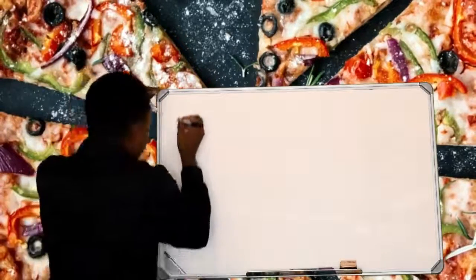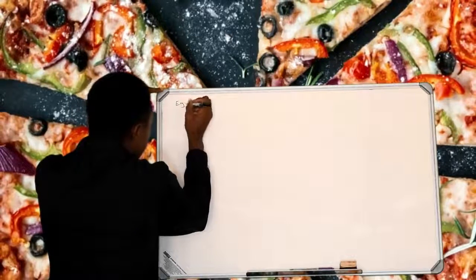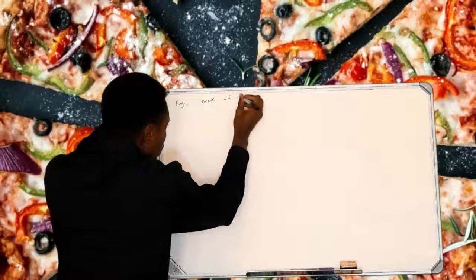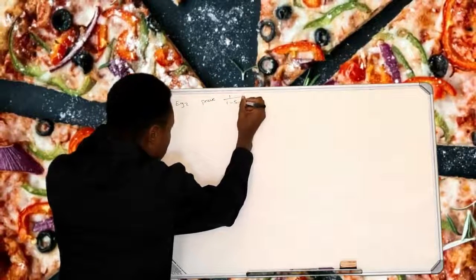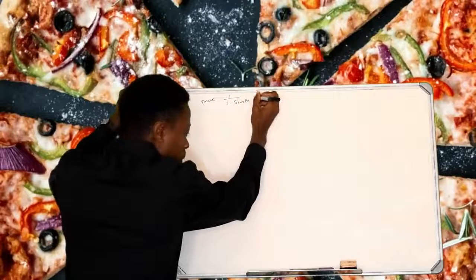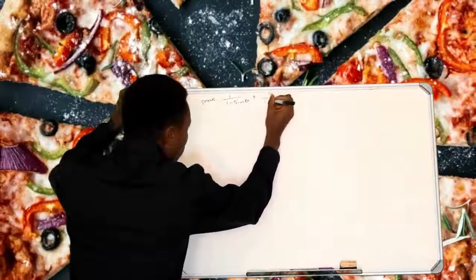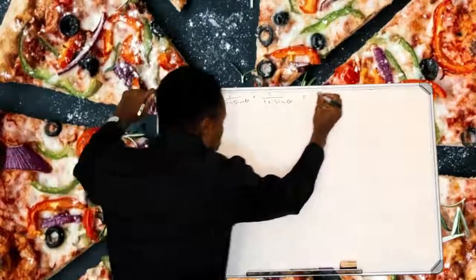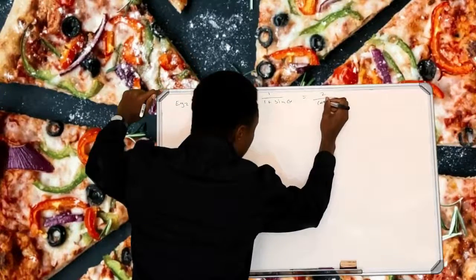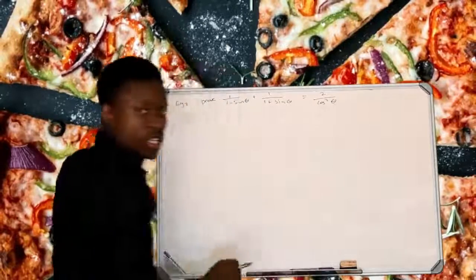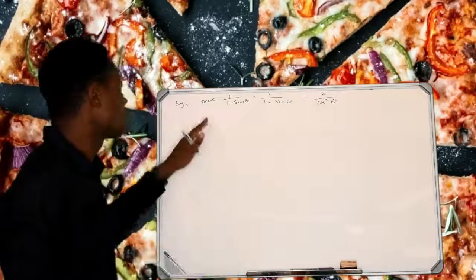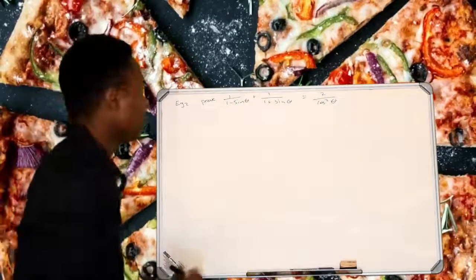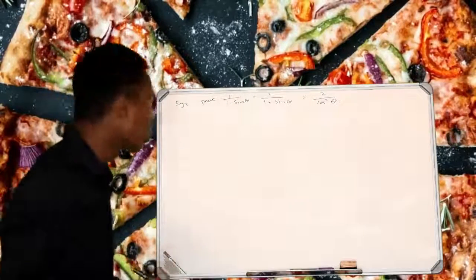My example, example 2, says prove 1 over 1 minus sine theta plus 1 over 1 plus sine theta is equal to 2 over cos squared theta. So that's what I'm trying to prove. I'm trying to prove that this side is equal to that side. Even though right now it does not look the same, they are equal to each other, right?